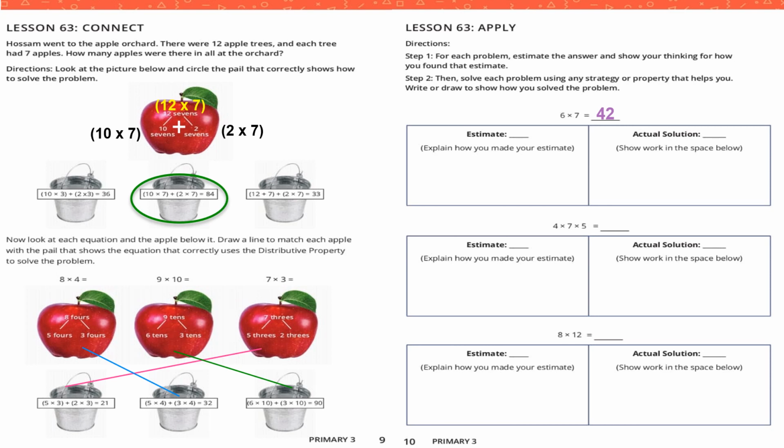For the next one, 4 times 7 times 5. I have here 3 numbers multiplied together. So which property can I use now? I have 3 factors. Associative property. Yes, associative property.